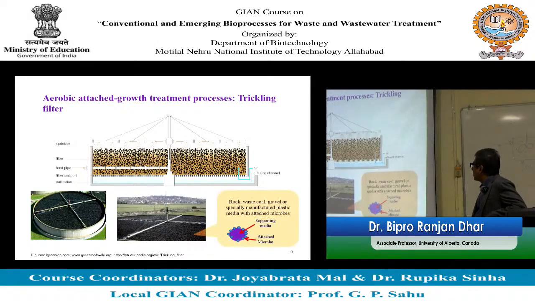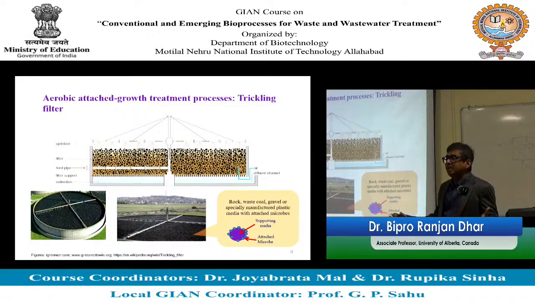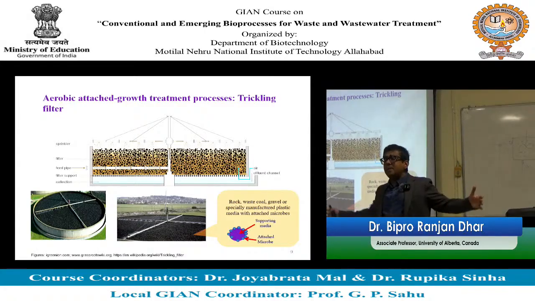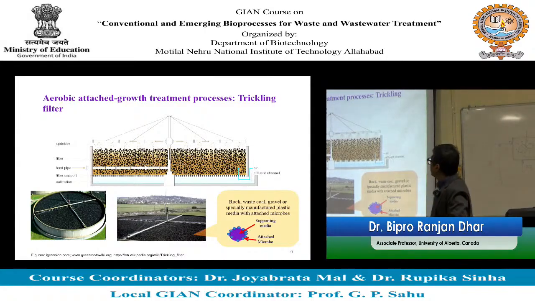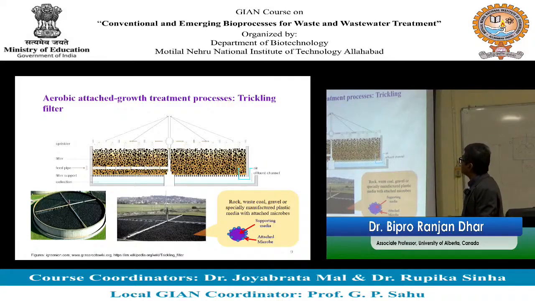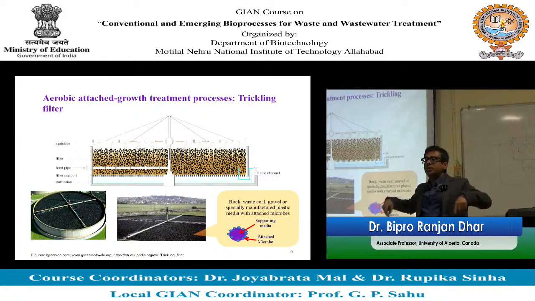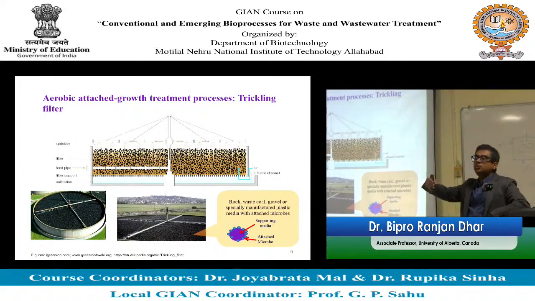It could be rock, waste coal, gravel, or specially manufactured media like plastic media. So you have a big bed of media, and you use a rotating sprinkler that distributes your wastewater from the top, and the wastewater trickles through the filter bed.